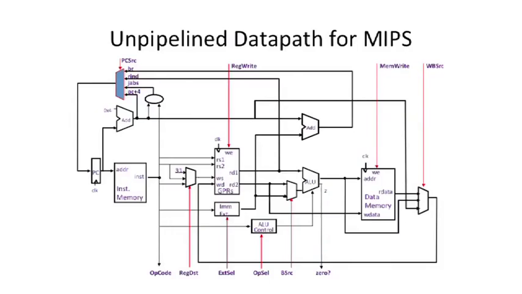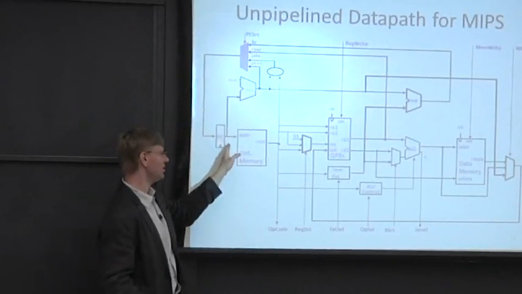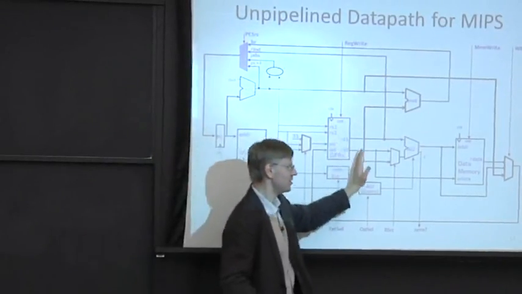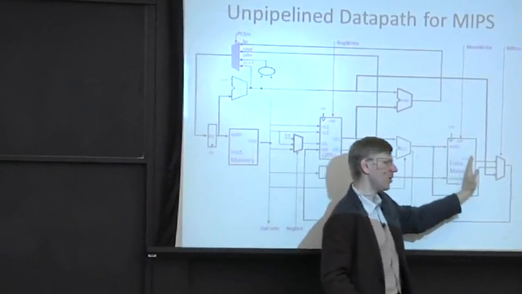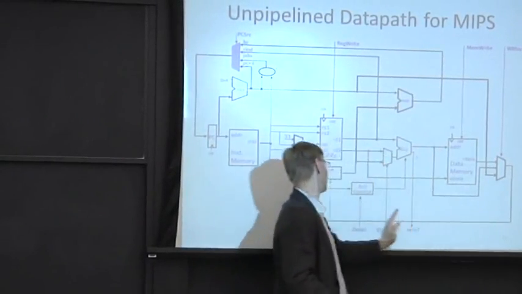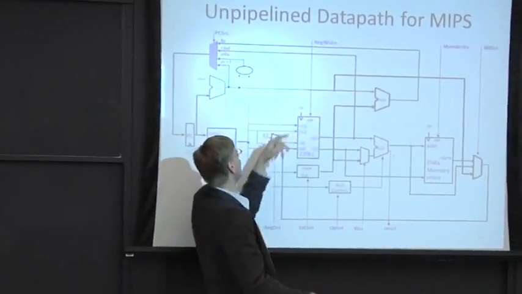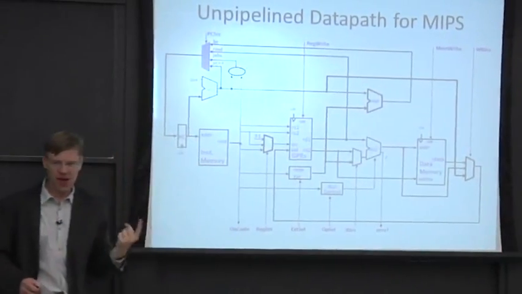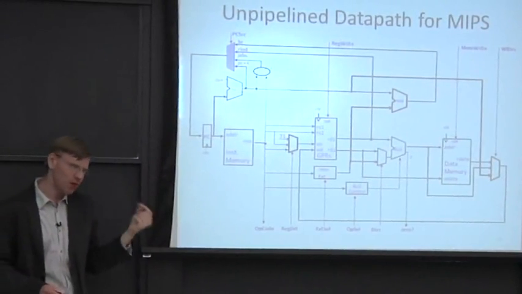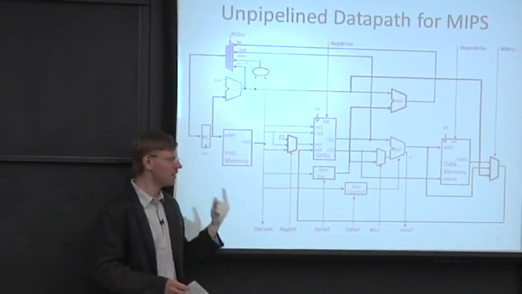And this is all done in one cycle. It's a very long cycle, because you launch here, you go through all this work, you do all these things, and the data gets put back here. It has to happen in one cycle because we have an unpipelined processor.